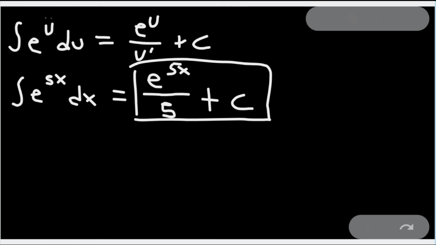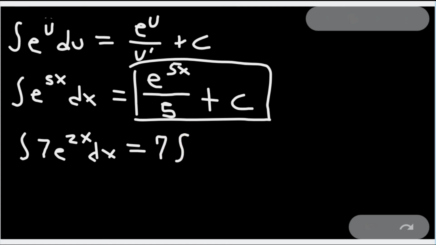Let's try another example. What if we have 7e raised to 2x dx? The first thing that we need to understand is that the 7 here is a constant. So let's put it on the left side. So what we have is 7 times the integral of e raised to 2x dx.